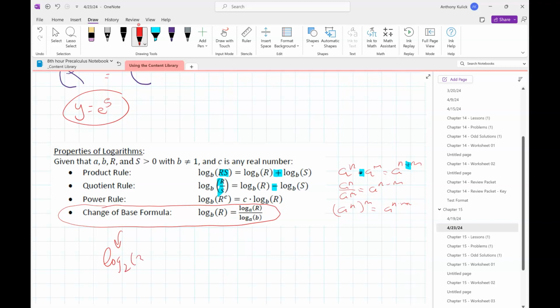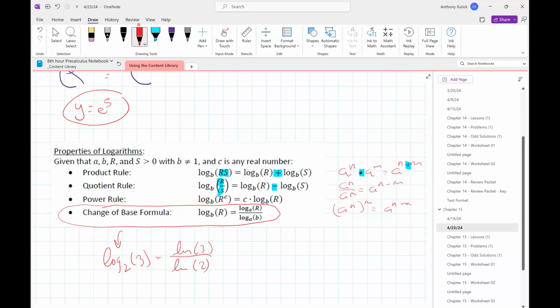So what Mr. Kulik would have to do is use the change of base formula to rewrite that as the natural log of 3 over the natural log of 2. In the back of his textbook would then be a table of values for logarithms. I'd look up off the table what the natural log of 3 is, some decimal, and look up what the natural log of 2 is, some decimal, and then I'd do that decimal divided by that decimal in the calculator and press enter.